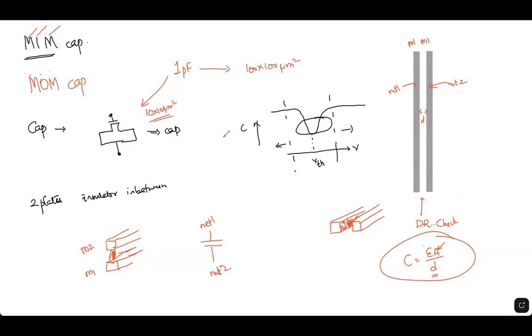It could be very, very large, but if you have space to route, you can go ahead and use MIM or MOM caps. It's up to what area is remaining with you, how much area you can afford. So based on that, you can go ahead and use MIM or MOM caps or even the device caps.